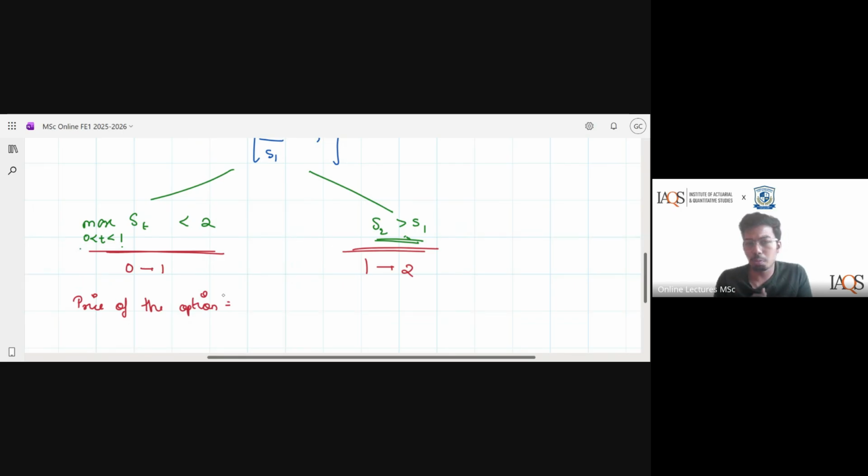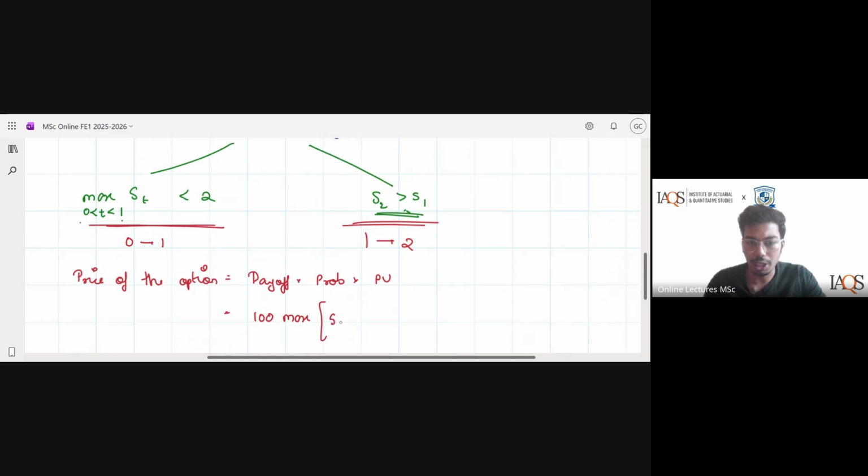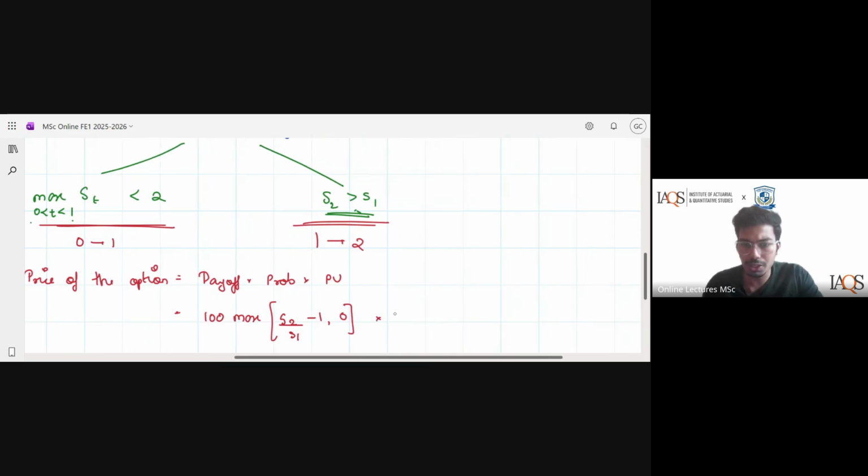Now, can I say price of the option? Let's say I don't know anything, but I still know using first principles. What is the price of an option? Payoff into probability into PV factor. This is what we know through first principles. Can I say the payoff is what? They have already given to me 100 into max of S2 by S1 minus 1, 0 into, there will be actually two probabilities.